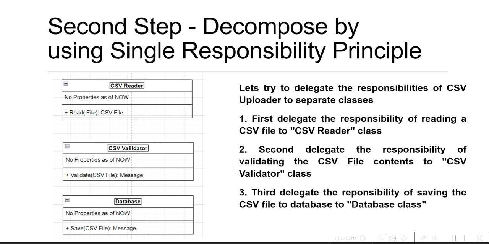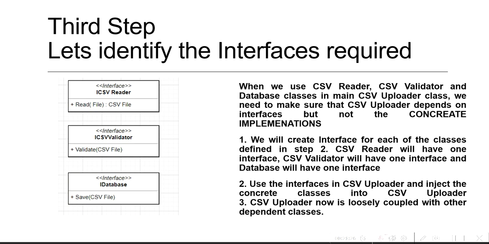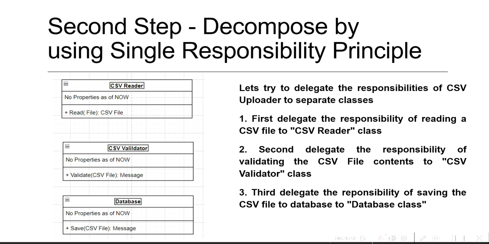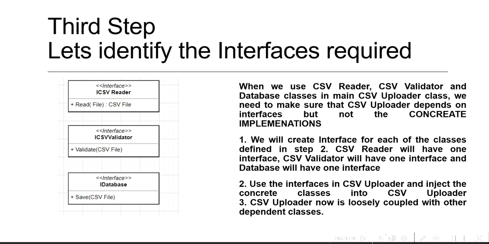So what I have done, I have created an interface for each of these three concrete implementations. See, ICSVReader, ICSVValidator, IDatabase. Okay, so these interfaces will have the function declarations. It will not have definitions, right? So what will happen? All these three classes will implement these three interfaces.